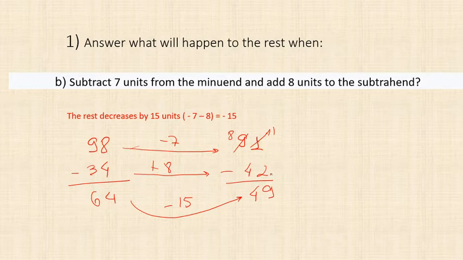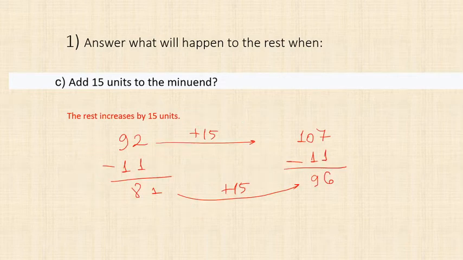The second subtraction, it is 49. So from 64 to 49, I subtract 15. Take a look, I subtract 7 from the minuend, I subtract 7 in the result. If I add 8 in the subtrahend, I subtract 8 in the result. That's why in the end I subtracted 15.